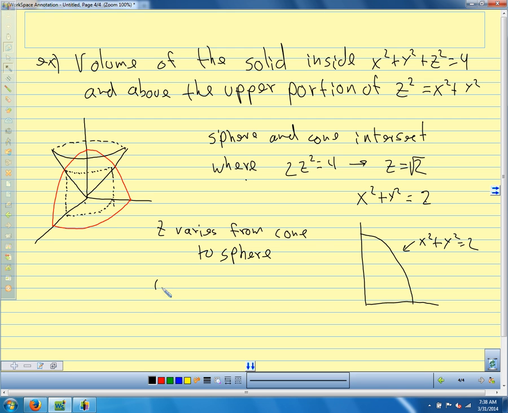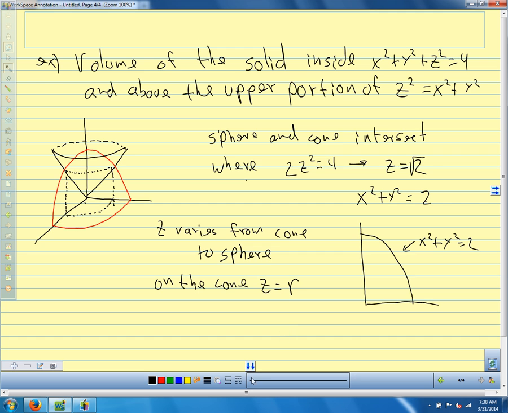On the cone, z squared equals x squared plus y squared. X squared plus y squared is r squared. So z squared equals r squared. So z equals r. So that's the equation of a cone in cylindrical coordinates.